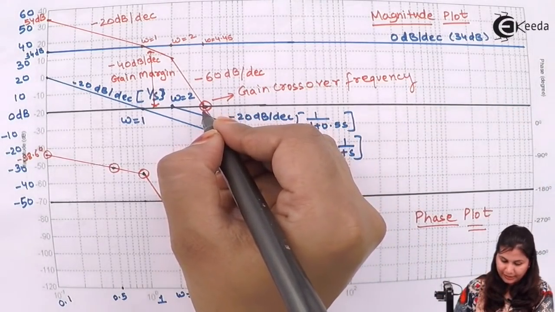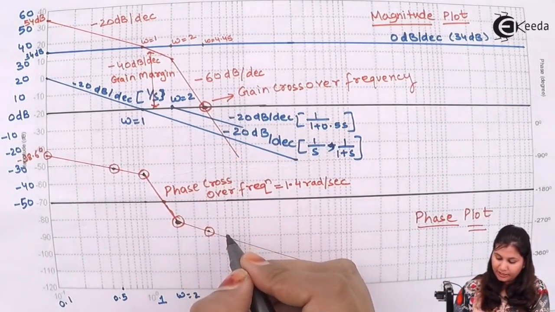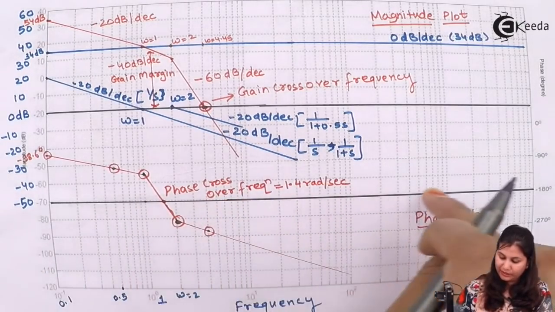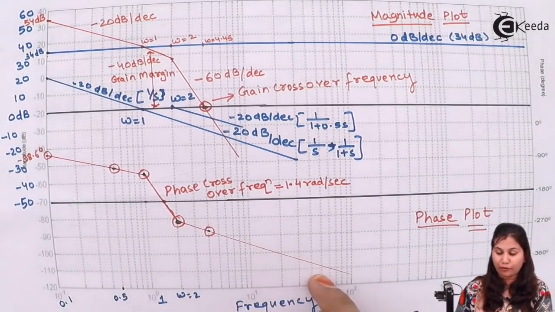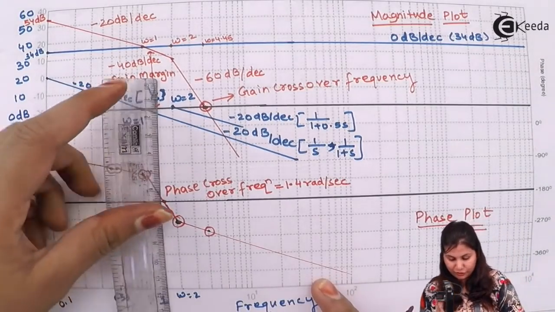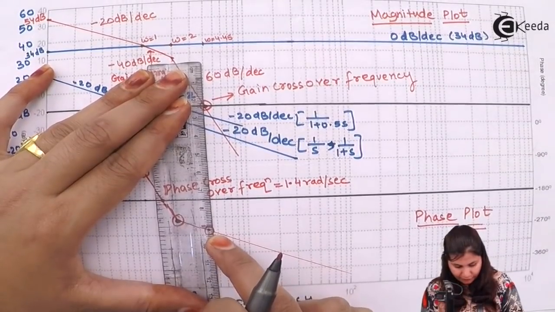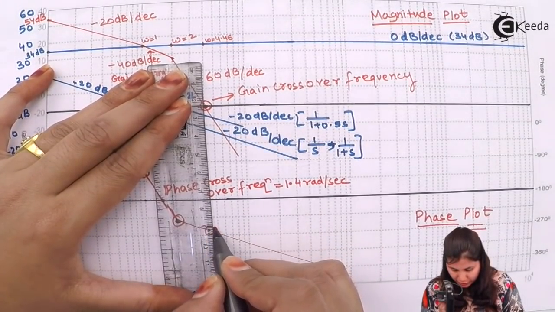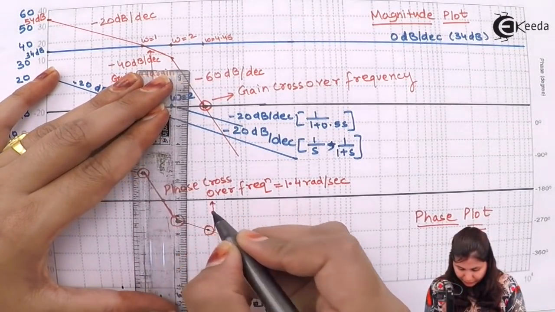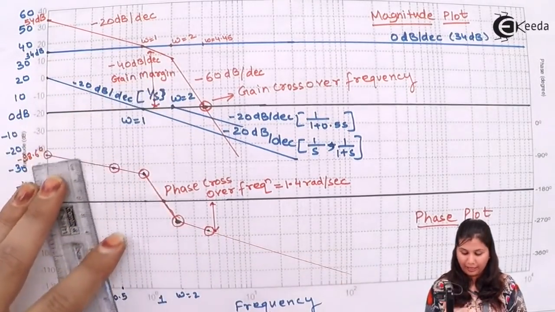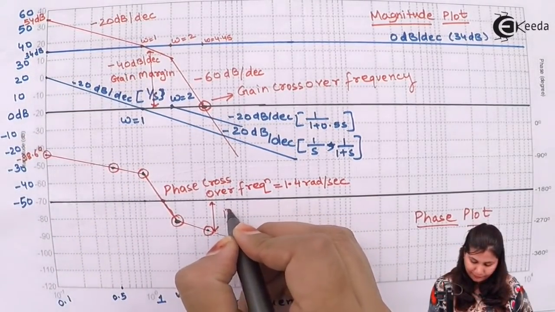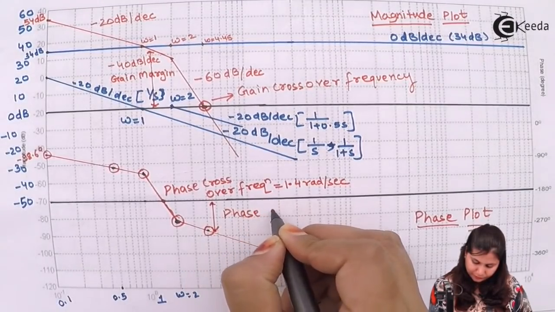And the phase angle at this point, the difference between the minus 180 degree line and the phase plot, is the phase margin. So this is the gain crossover frequency, this is our phase plot, and the difference between minus 180 degrees and the actual phase angle is the phase margin.